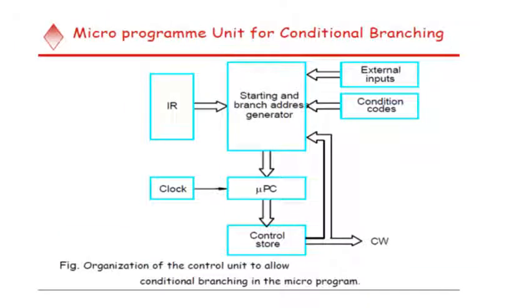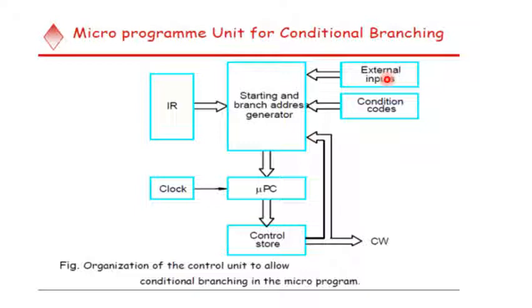An alternate approach using a conditional branch microinstruction is shown in the diagram. In addition to the branch address, the microinstruction specifies which of the external inputs, condition codes, or possibly bits of the instruction register should be checked as a condition for branching to take place.